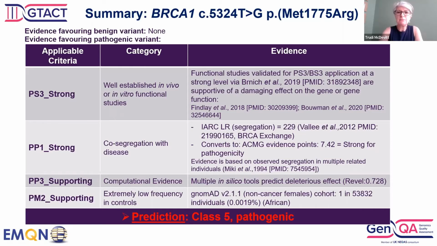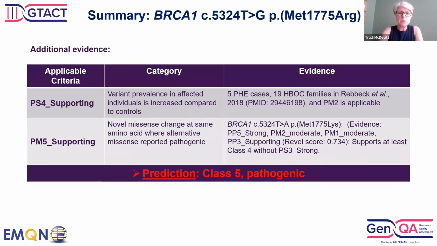So next slide, please. Other evidence which we agreed could be applied is PS4 at a supporting level, whereby the variant prevalence in affected individuals is increased compared to controls. There are 5 cases on the UK database, but the ethnicity of the cases isn't available.